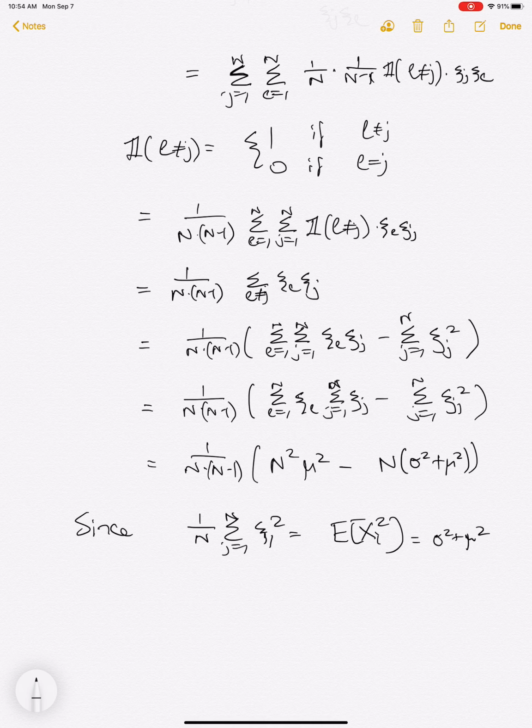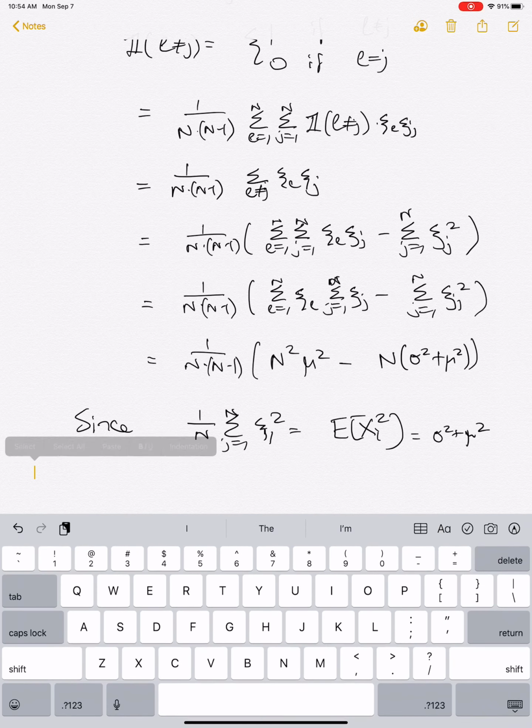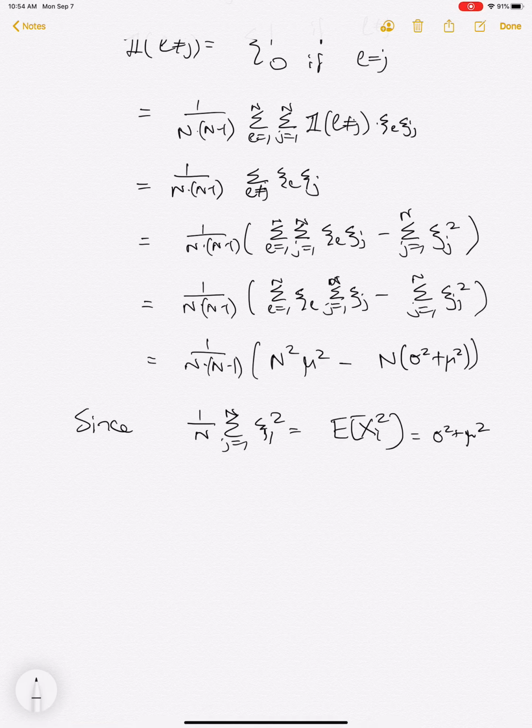And then we don't have the 1 over n there, which is why we get n times sigma squared plus mu squared. And so what we end up with when we complete this calculation is just n times n minus 1 mu squared, and then minus n sigma squared.